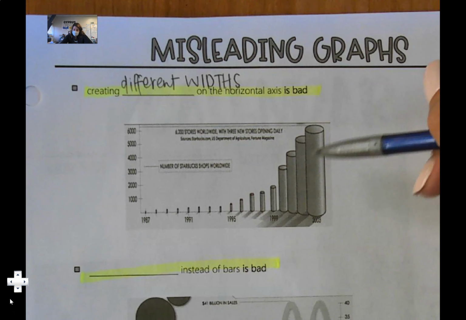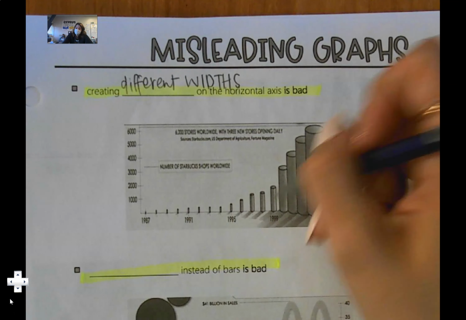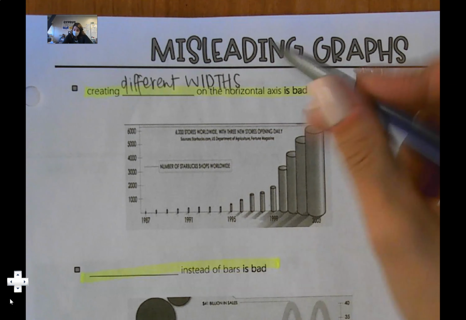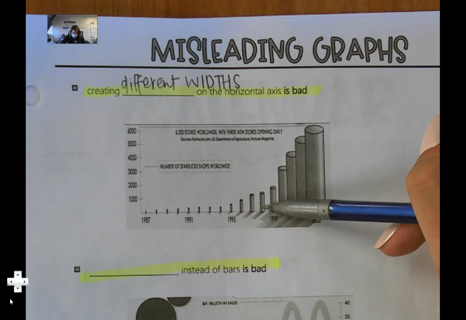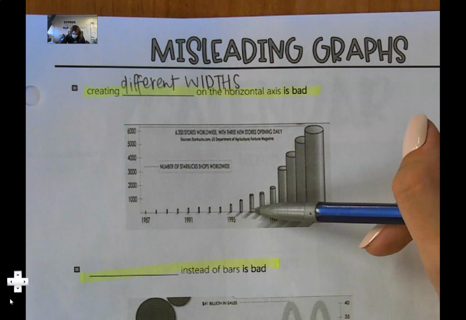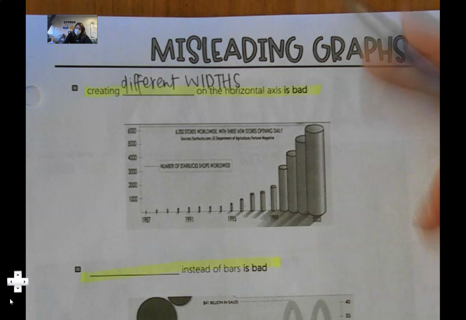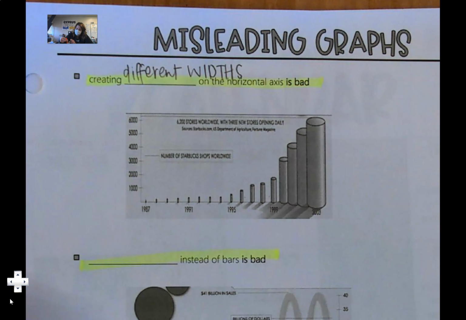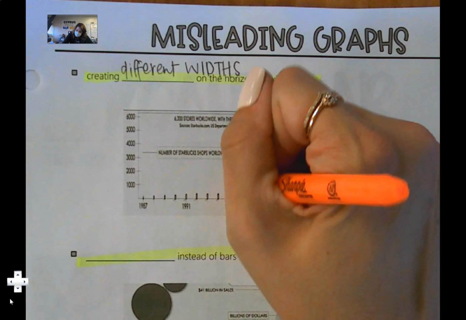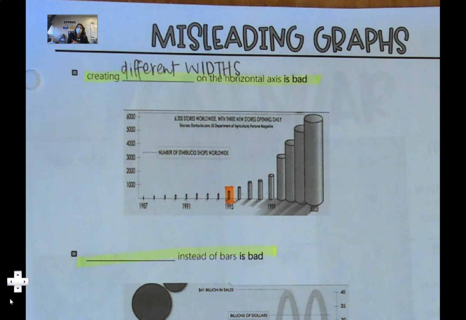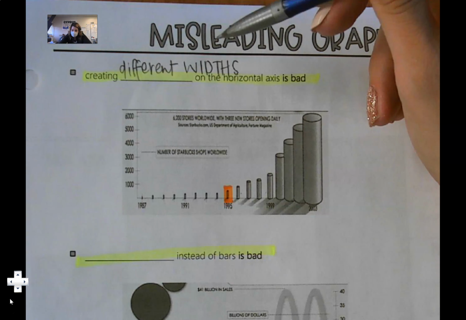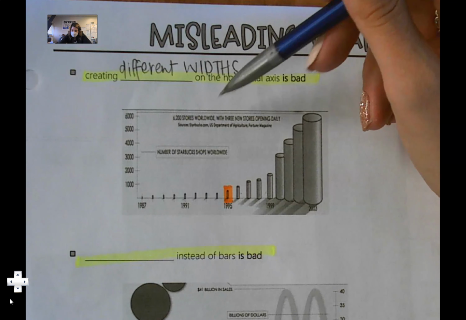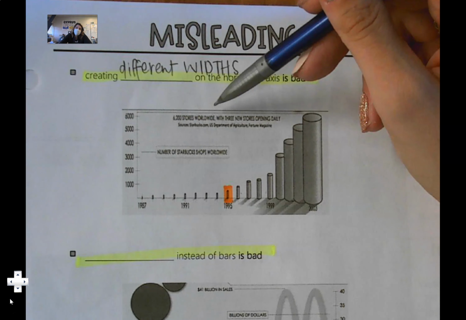The other issue is the size of the bars. So I want to look at this one, nope, this one. That one? Nope, that one. Okay, so I want to look at the one that's right next to 1995. So this little orange bar there. This bar chart is telling you how many stores Starbucks has worldwide.